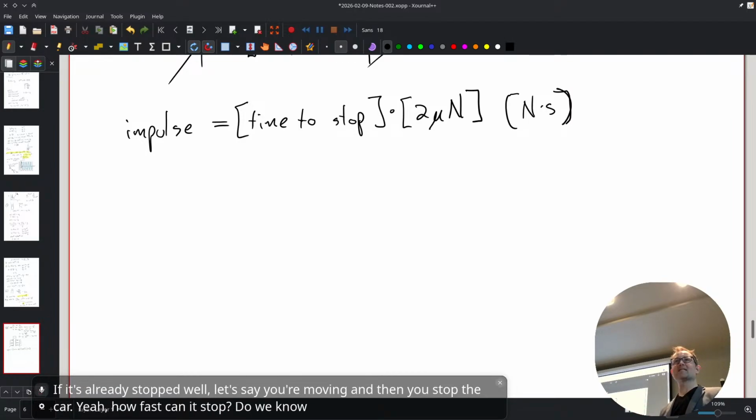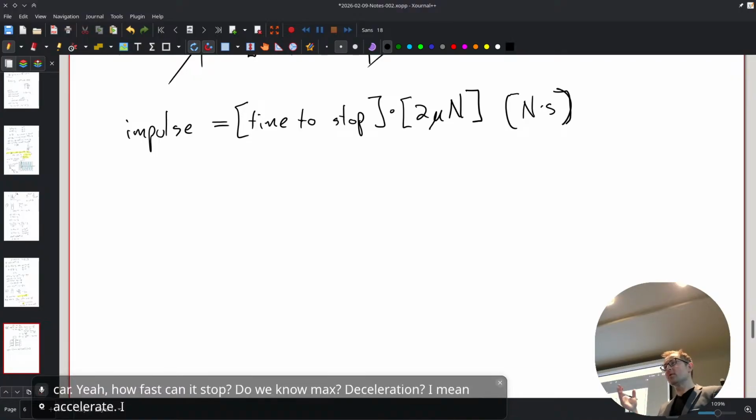Do we know max deceleration? I know acceleration can be positive or negative, but in this case. Not sure. Instant? Well, it's got to slow down.